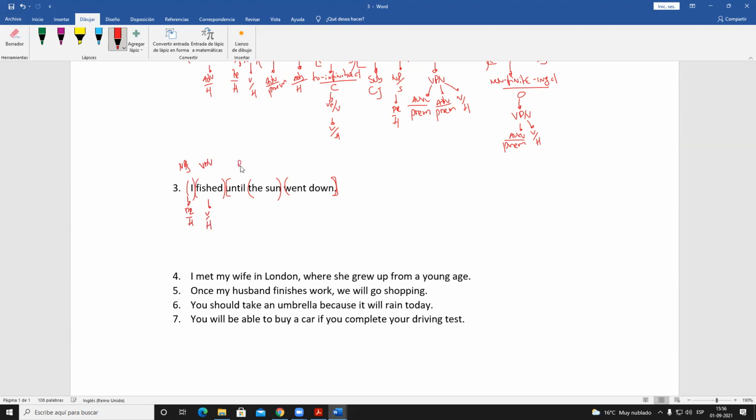And this is a relative clause. I fished till this moment, therefore it is an adverbial of time. Until is a subordinating conjunction. The is a noun phrase subject with a determiner premodifier and a noun head, and went down is a verb phrase verb with a phrasal verb. Therefore, a single verb. Any problem with number 3?